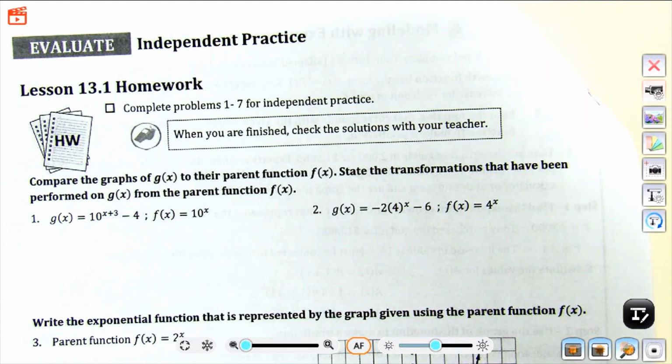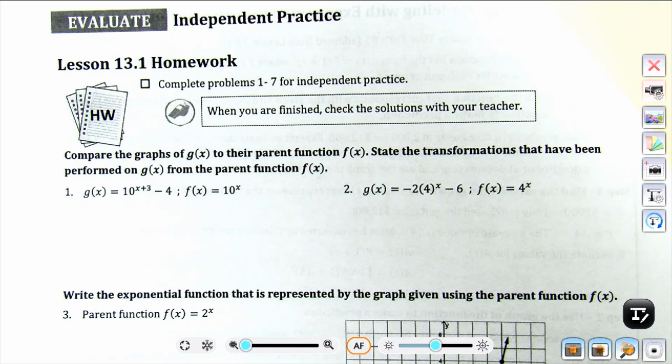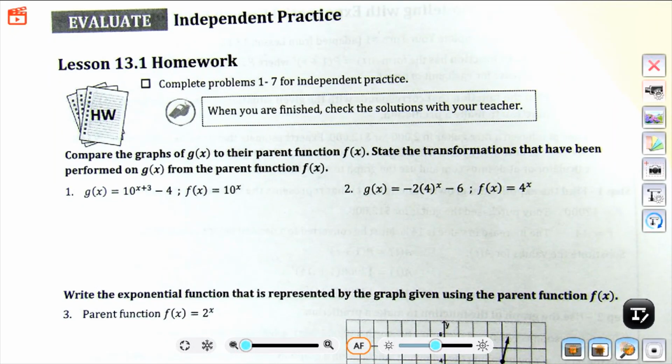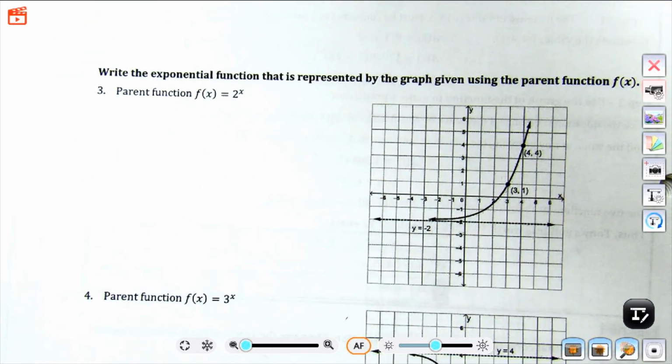If you do not have an Algebra 2 Credit 1 packet, and you do not have a printer to print out the homework or checkpoints, then I would just suggest you write the question on a separate sheet of paper and then show your work for each problem and then submit that on Google Classroom. You do not need to draw any graphs for problem number 3 or 4.